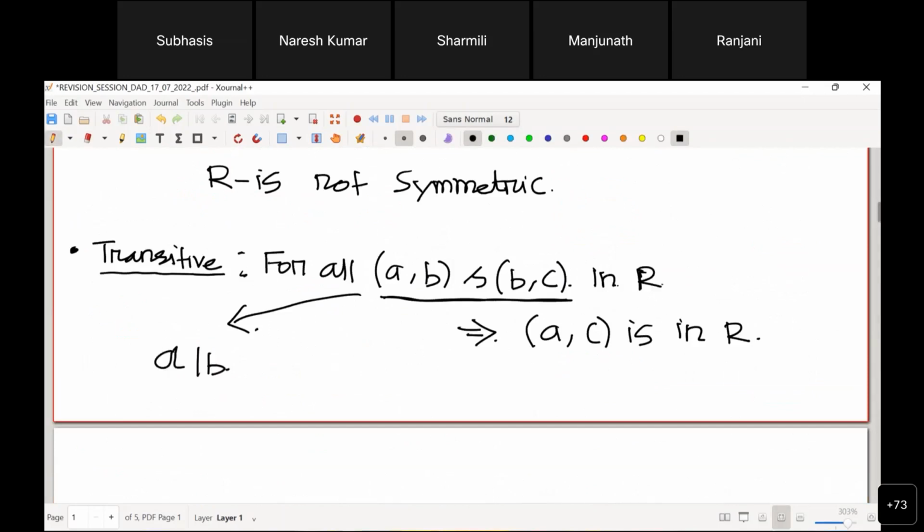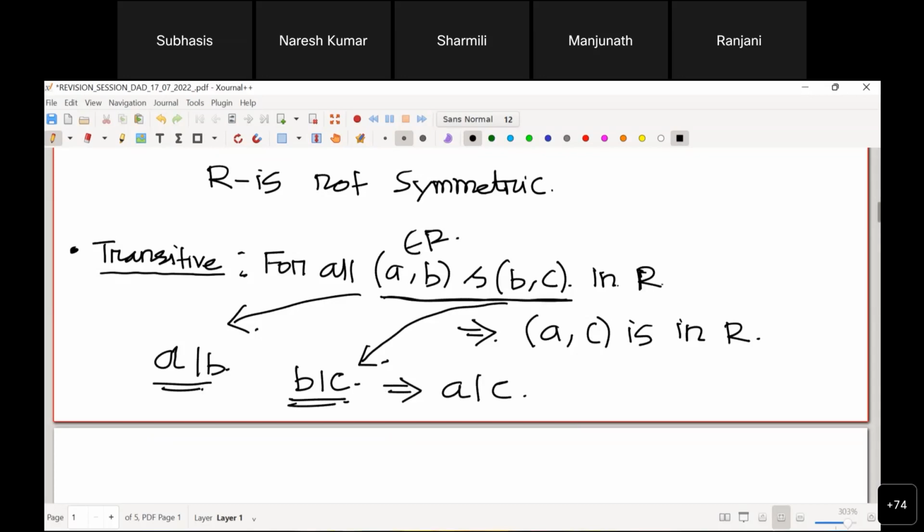This is what I can write from this condition. The second thing is (b,c) is in R, so that means b divides c. So a divides b and b divides c. Using these two things, I can say that a also divides c.